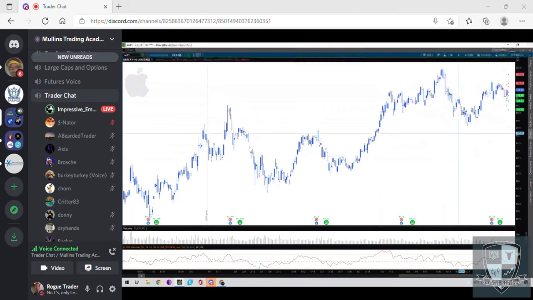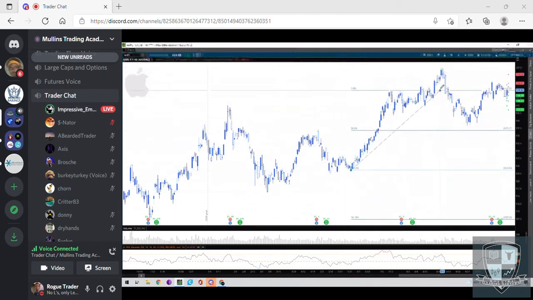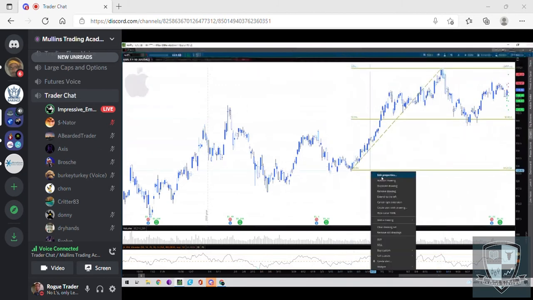Let's say you went long up here. Probably not the best spot. This move is from here to here, right? Okay. From here, actually, that's not even accurate either.